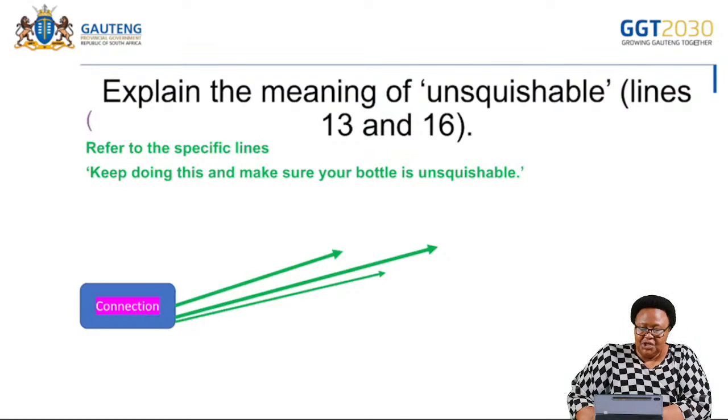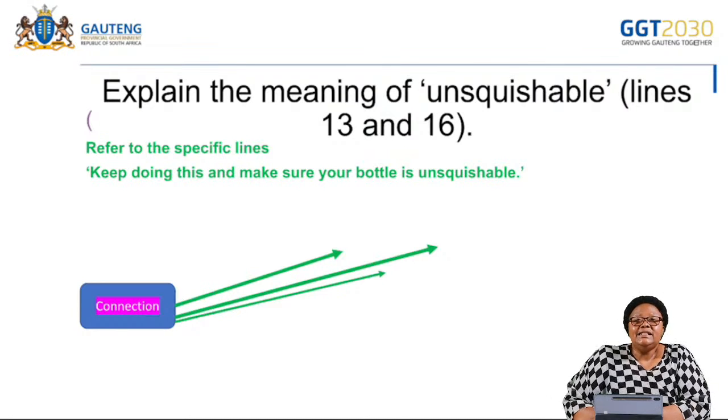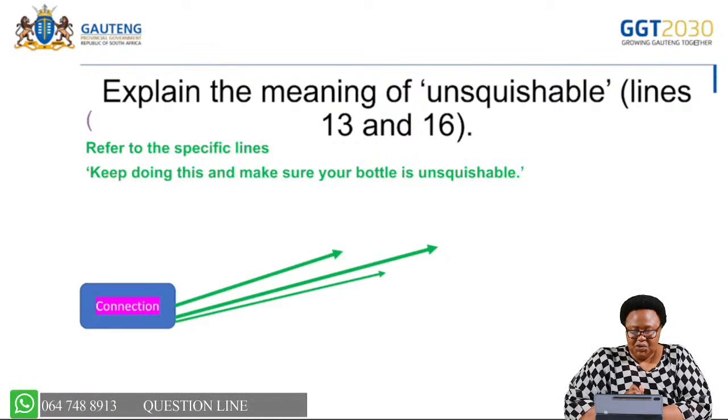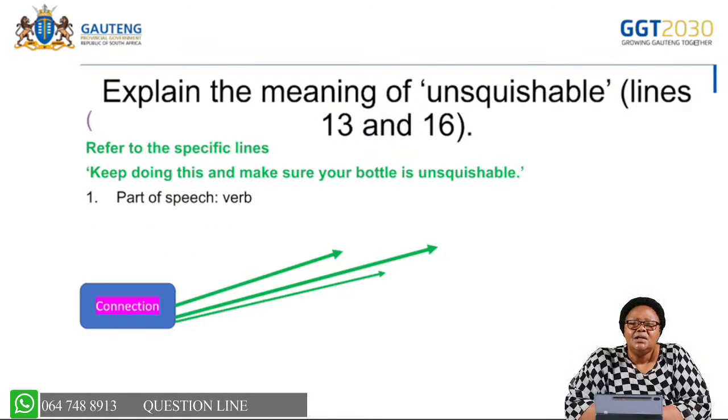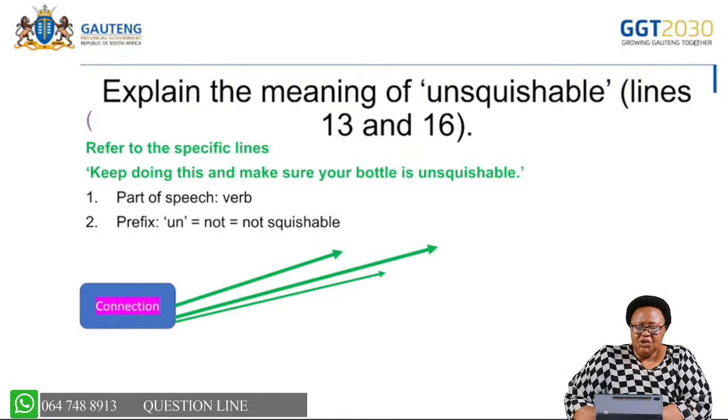And then the next question was, explain the meaning of unsquishable, lines 13 to 16. You have to refer immediately to those lines and look for this word. And then you have to look at this word and try to find out what part of speech this word is. And then you find out it's an adjective. And then 2.